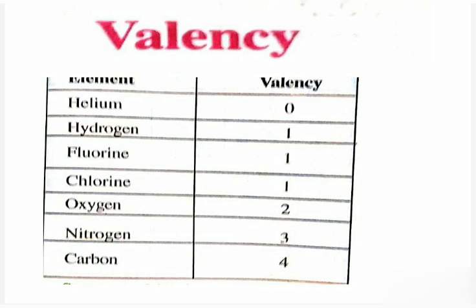Oxygen has atomic number 8. The first 2 electrons occupy the first shell, and the next 6 electrons occupy the n equals 2 shell. Fluorine has atomic number 9: the first 2 electrons come in the n equals 1 shell, and the next 7 electrons come in the n equals 2 shell.